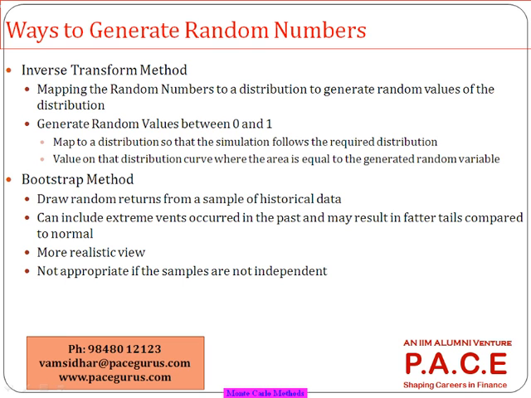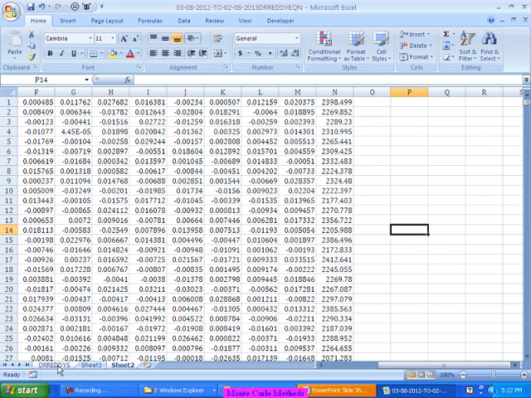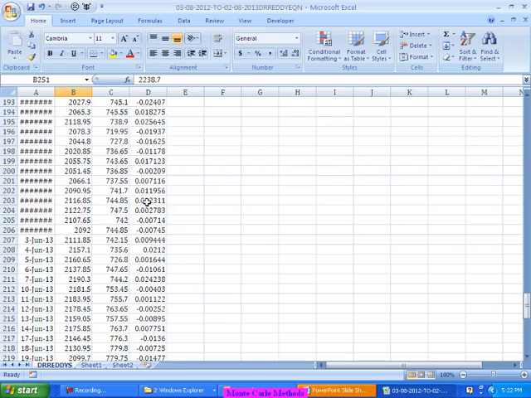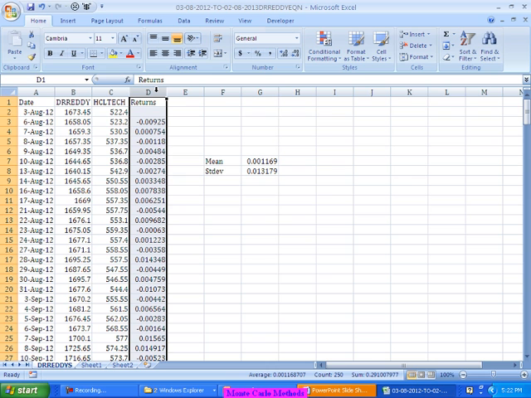Probably I have taken the last 1 year data. What it says is, out of those 1 year returns, just pick up some 100 data at random. From the existing historical data, instead of taking the entire data, on a random basis, take out some 50 or 100 sample.